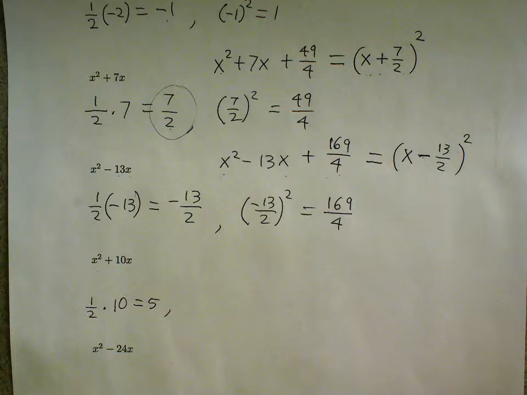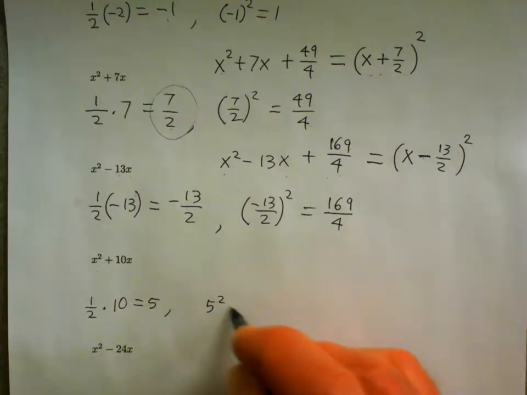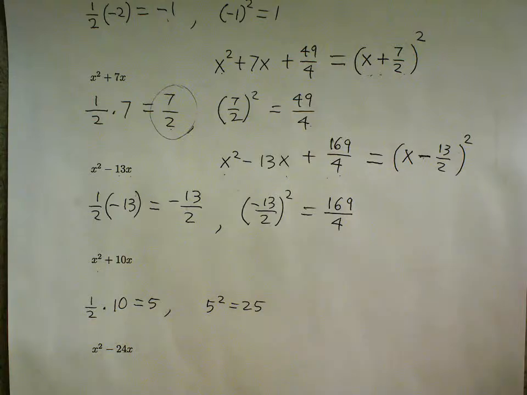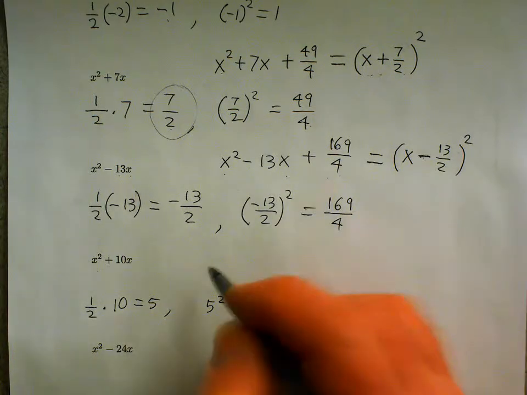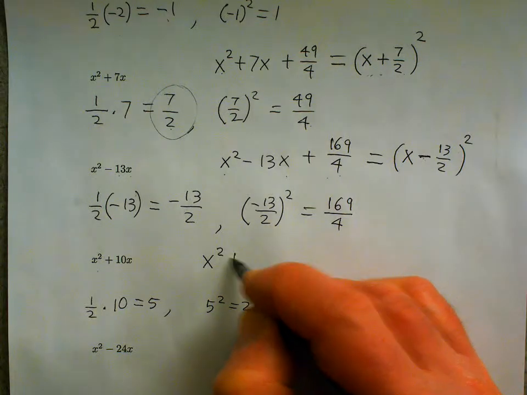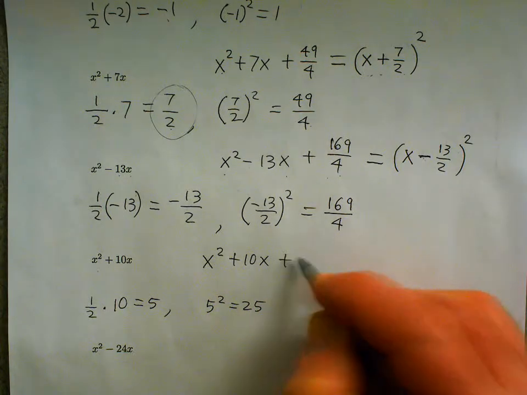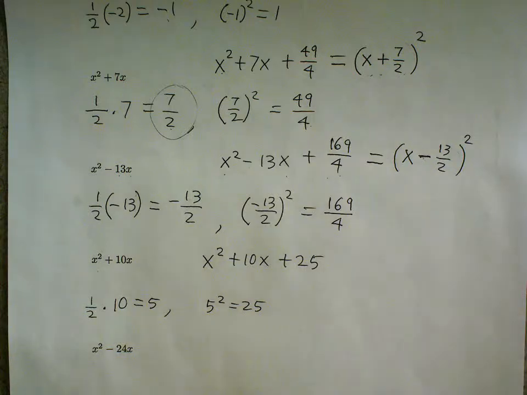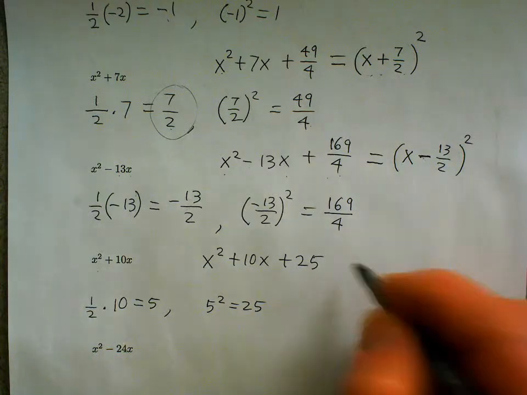Then we square that number 5. 5 squared is 25. And if we add 25 to x squared plus 10x, we will have a perfect square trinomial. So x squared plus 10x plus 25 is a perfect square trinomial.